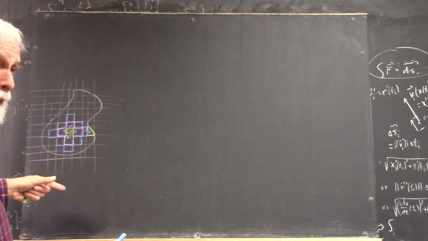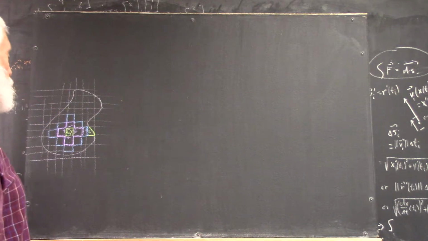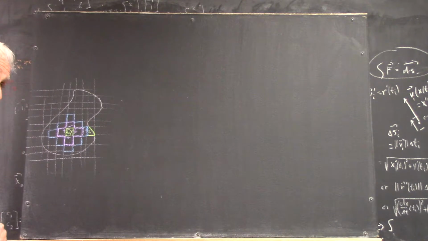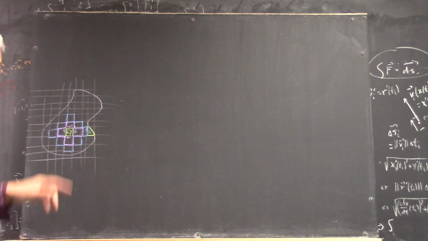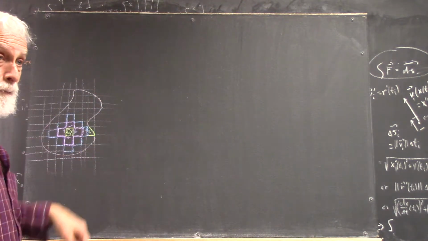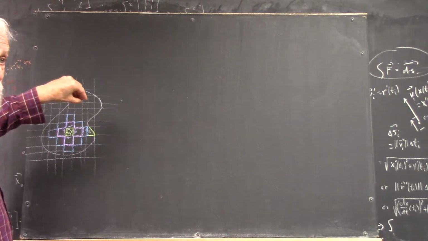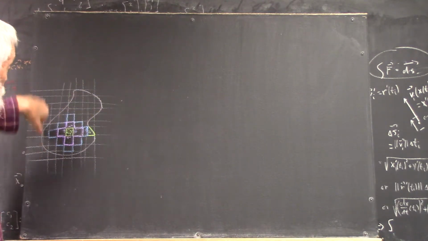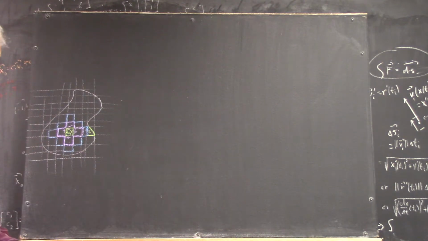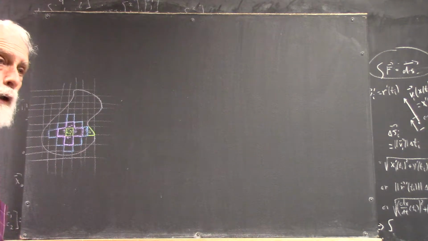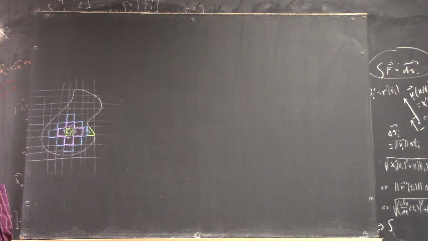When we get out to the curve, the only thing that hasn't been canceled out is what's on the curve. Then you take the limit as these things shrink to zero, and you're just left with the integral around the curve. Okay? So you can extend from one tiny rectangle to the entire curve.